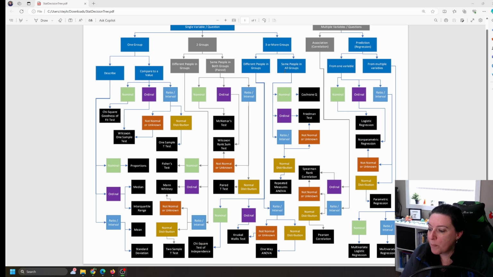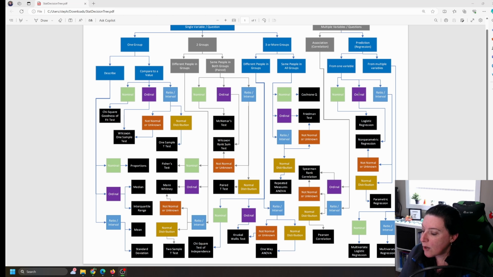If we have the same people in all the groups, then we can compare nominal questions to see if there's a difference in how they categorize themselves, say before or after, and then after some other event. Does it change over time? That uses Cochran's Q. If it's ordinal, so there is a ranking, we use a Friedman's test. And if we have ratio or interval data, then we're using the repeated measures ANOVA.